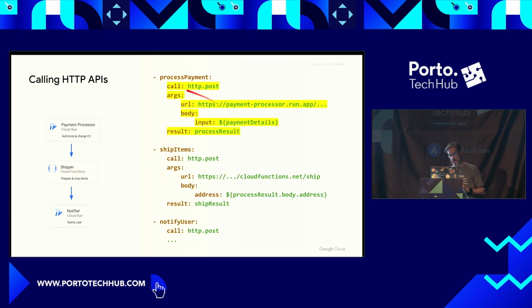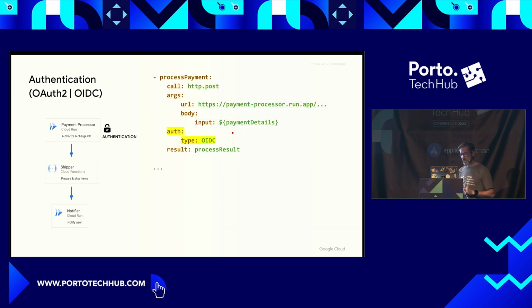So that's this part where you define, okay, I want to do a POST request on this URL for my service, and then again with the input and output. If the services are secured, it's pretty much declarative, especially with stuff that is hosted on Google Cloud, like your own services or APIs that are offered by Google Cloud. It's very declarative.